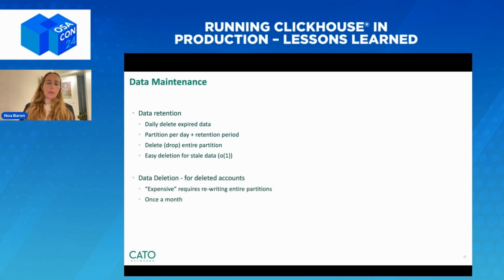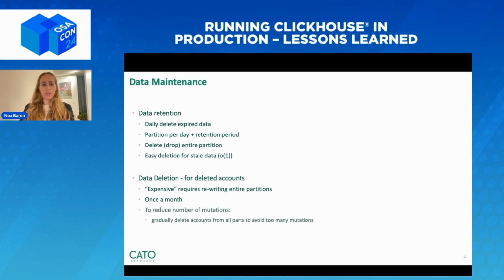The more tricky type of maintenance we do is for deleted accounts, where we have to delete the data of an entire account from every part we have. This is a pretty expensive operation since it requires rewriting entire partitions, what we call mutations. We used to do that process once a month. And we found that it was getting a little bit too expensive because many times we had outages on our cluster because of the many mutations it caused.